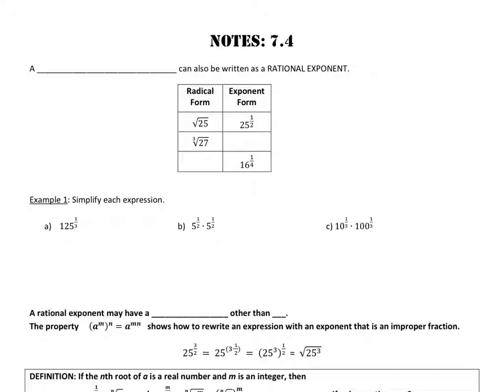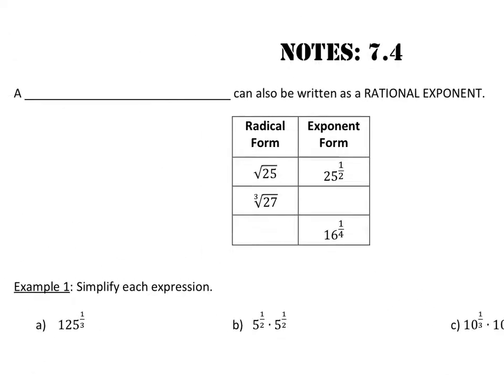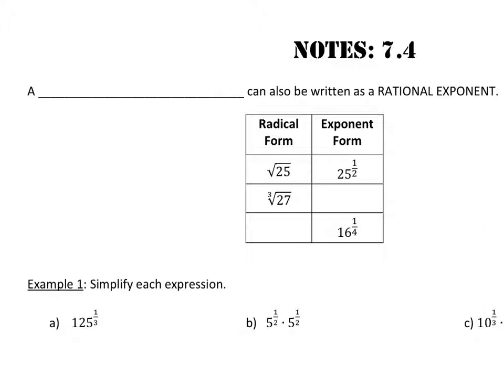All right. A radical expression can also be written as a rational exponent. We've done a little bit of this before, but we're really going to dive into it today. Radical expression.